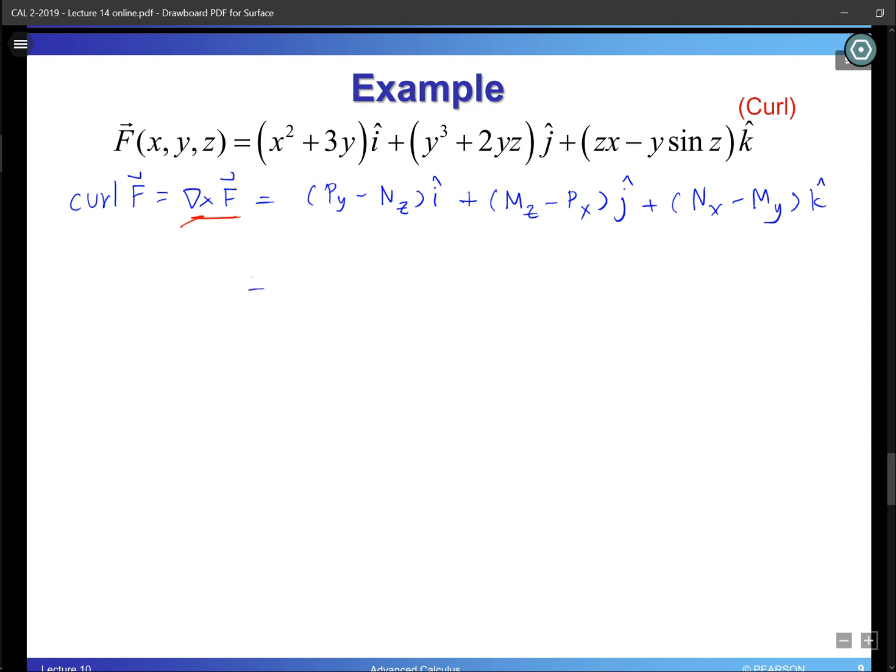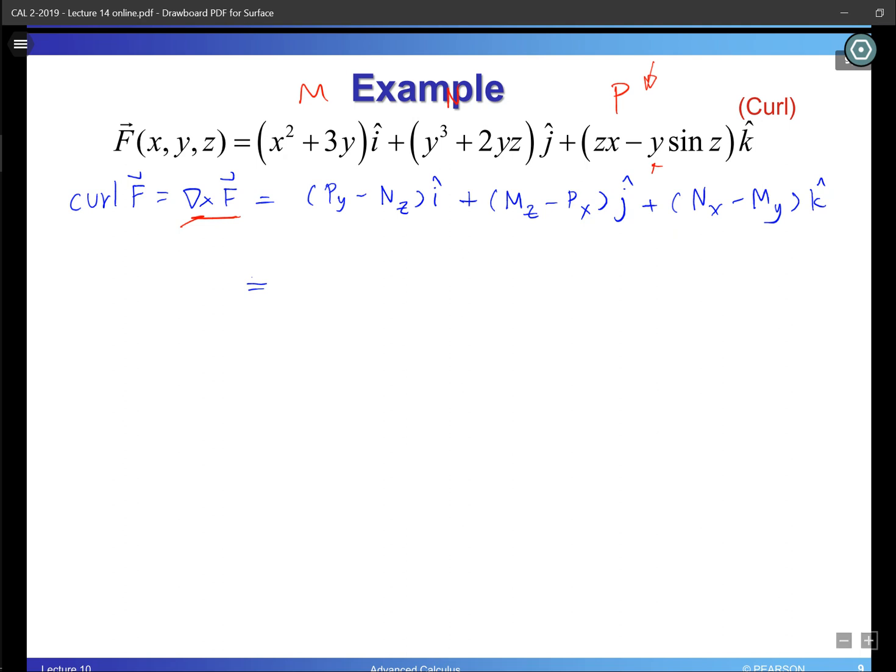Okay, now we have M, N, P up here. Let's do this quickly. I'm going to differentiate P with respect to Y. I see Y right here, and the result would be minus sine Z. Okay, there is a typo.